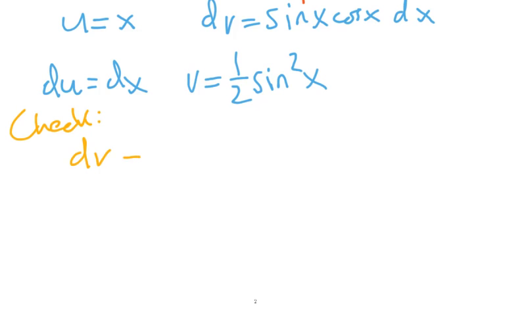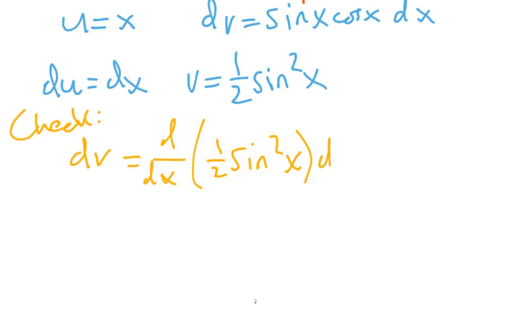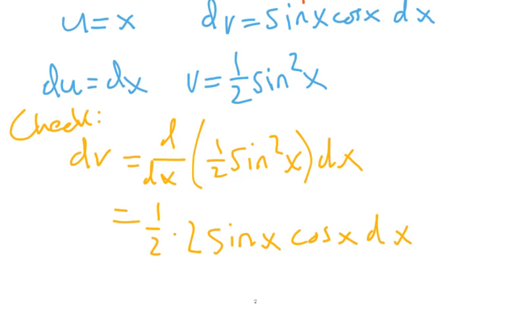We need that dv is equal to d by dx of 1/2 sine squared x dx by the rules for differentials. So this is 1/2, and then we bring down a 2 times sine x, and then times the derivative of sine x, which is cosine x dx. These things cancel, and we get exactly what we wanted. This is equal to dv above.